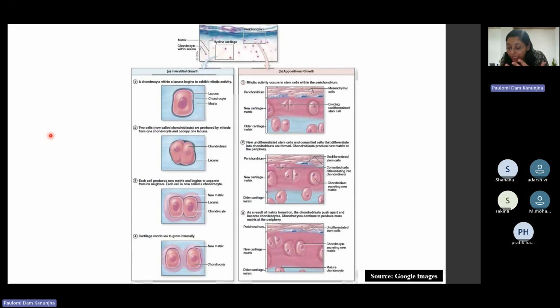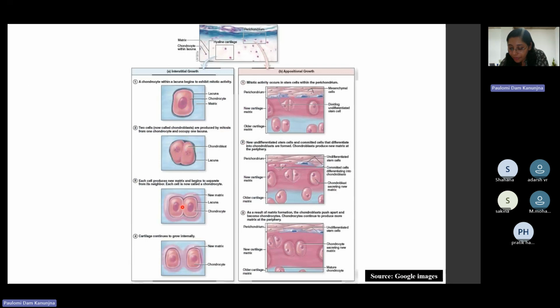And how do they divide? The chondrocytes divide within the lacuna and then they secrete the matrix. So you see here, you have the chondrocyte within the lacuna, and they start to divide into two cells, and as they are dividing, the cartilage is also expanding, because of the division inside.